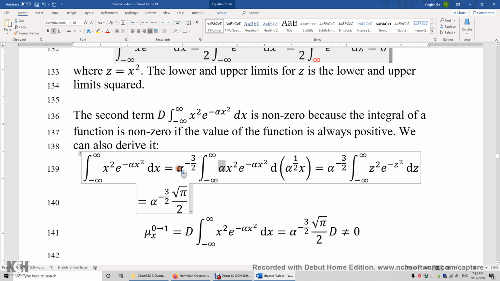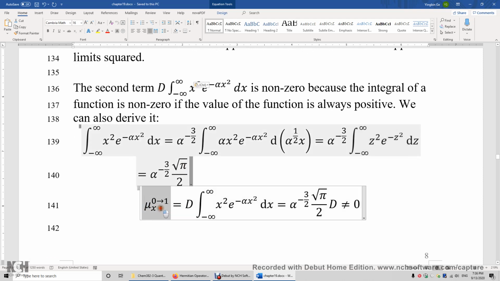So outside I have alpha to the power of negative 1.5 here. And then we'll do variable substitution. We'll say this is my z, okay? Square root of alpha times x is my z. So I have this integral, and actually this integral is just square root of pi over 2. We can derive this. We can also use Wolfram Alpha. Anyway, the value of this is square root of pi over 2.